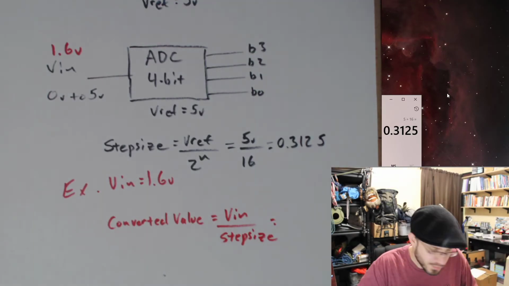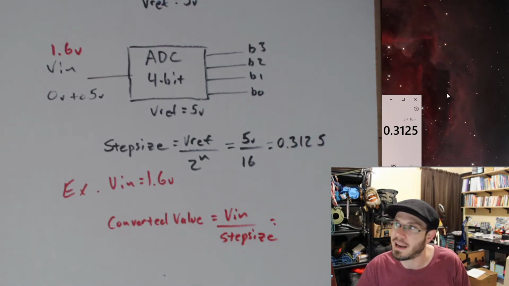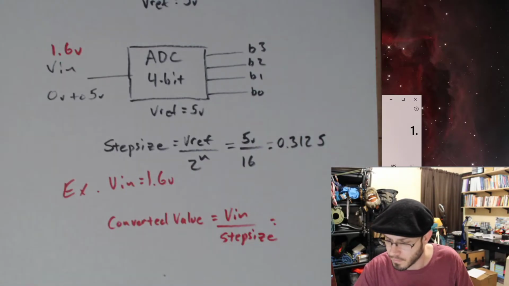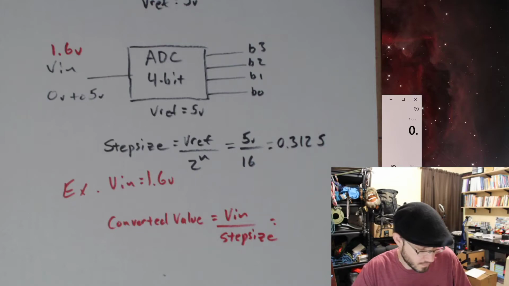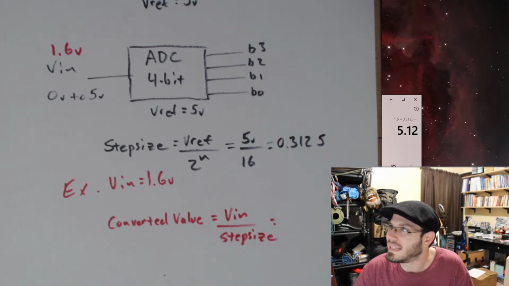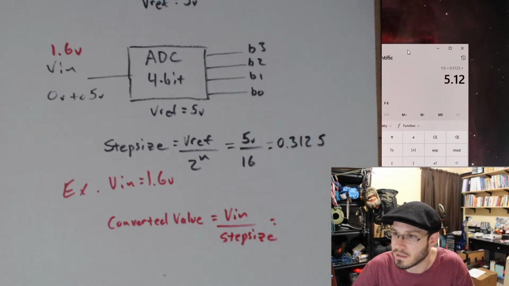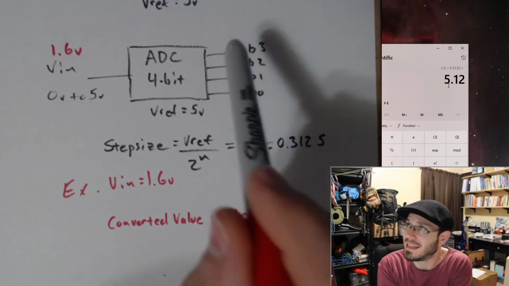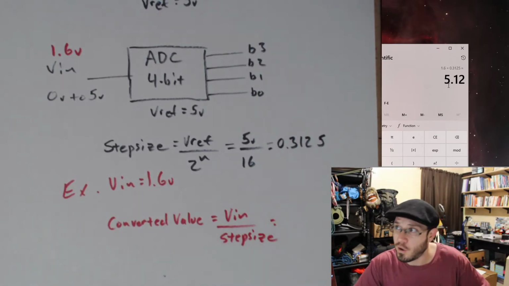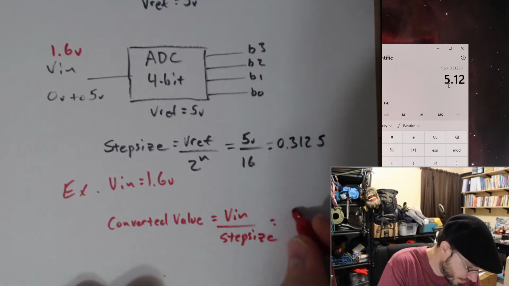So in this case, we're going to take 1.6 volts and divide it by 0.3125. You're not going to be able to get a fractional output here, because it is a discrete digital value that you're going to get on the output, but we can go ahead and just round that to 5.